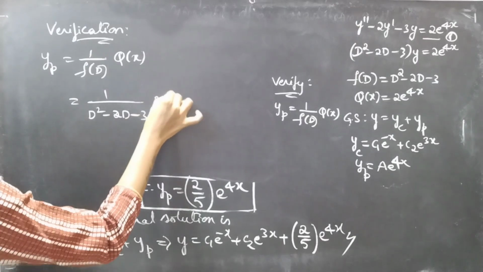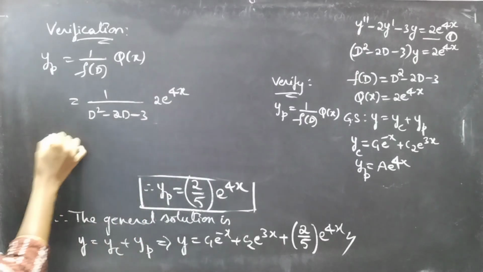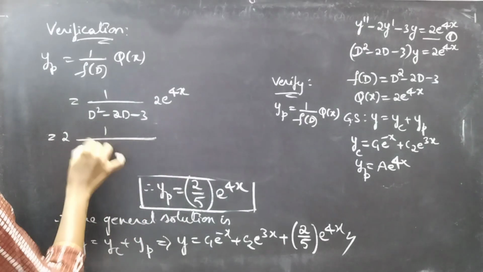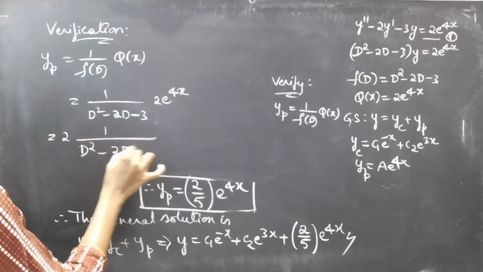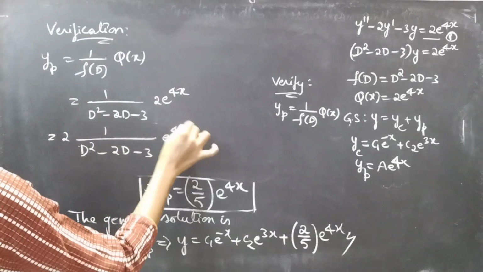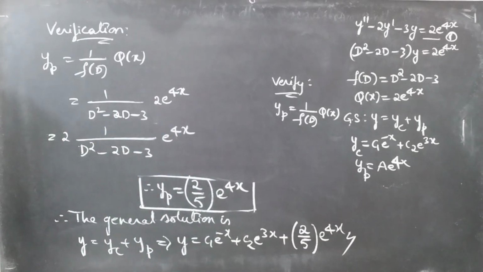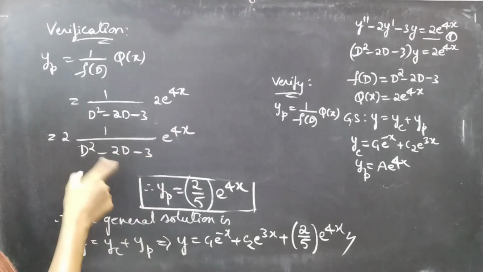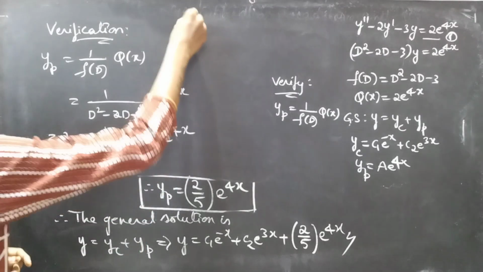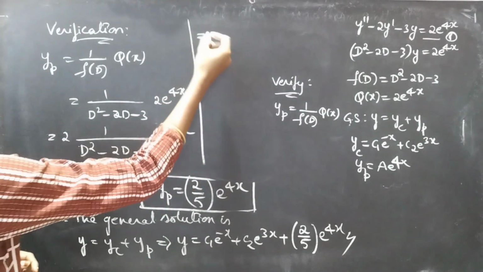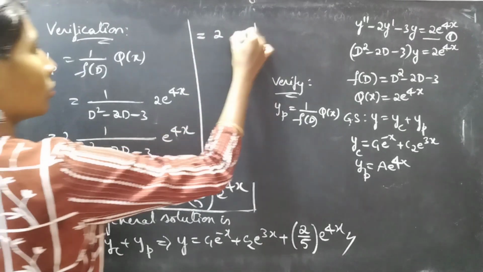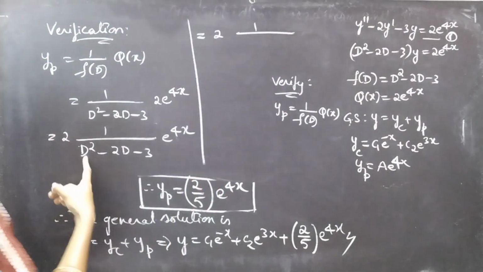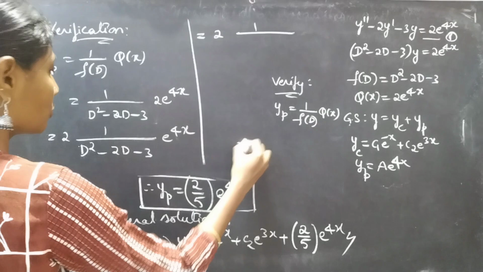Q of x is 2e^4x. We can write this as 2 into 1 by D squared minus 2D minus 3 into e^4x. By substituting D by 4, the denominator will remain non-zero. If you want, you can check it.